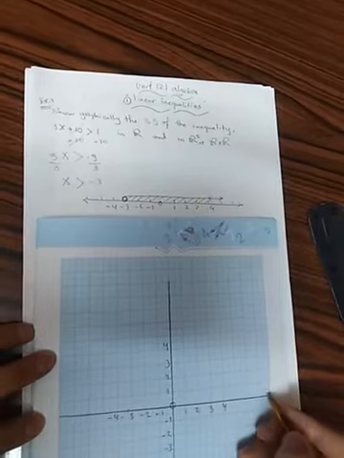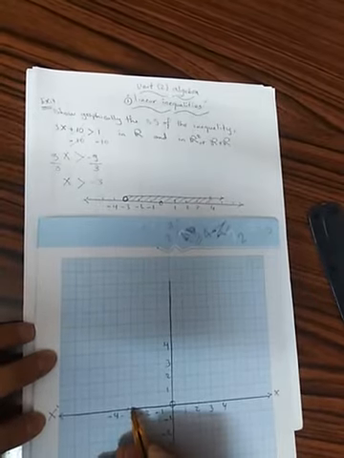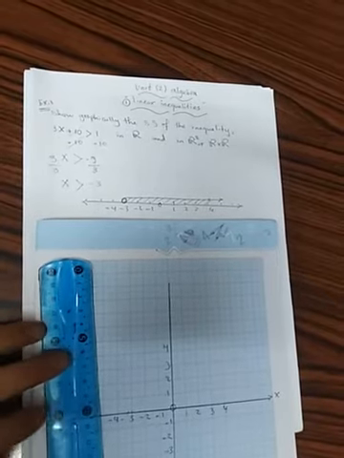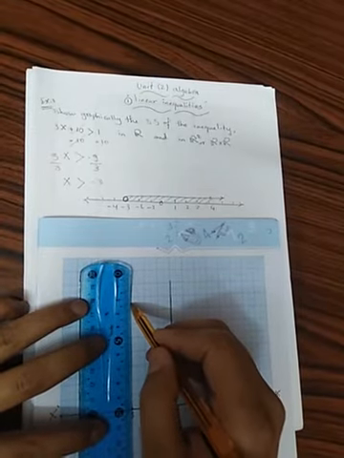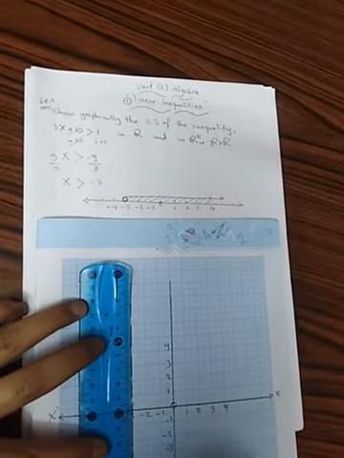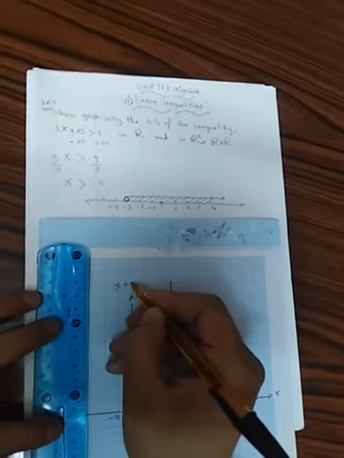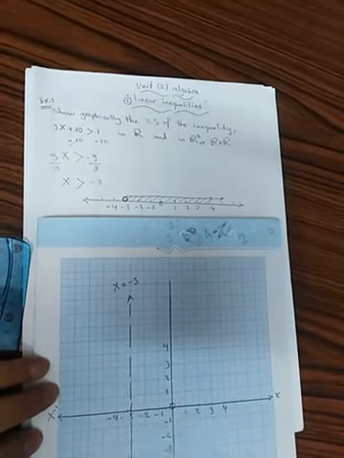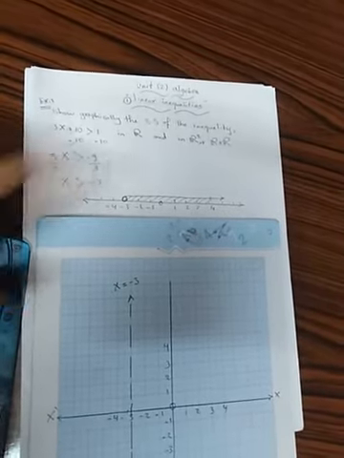This is the x axis, and at negative 3 I'll draw a straight line, but it will be dashed. This straight line represents x equals negative 3. I drew it dashed because it is x more than only, not equal.